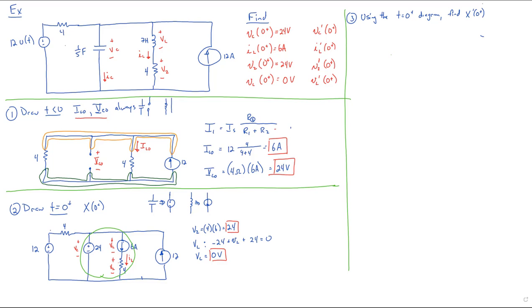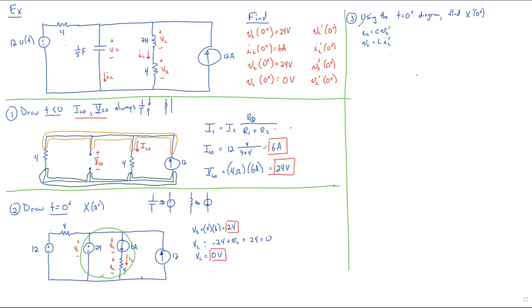And remember, the way to do that is to go from this non-primed world into the primed world. We're always going to use the constitutive relationships for the capacitor and the inductor. And those constitutive relationships are IC equals C dVC/dt, and VL equals L dIL/dt.